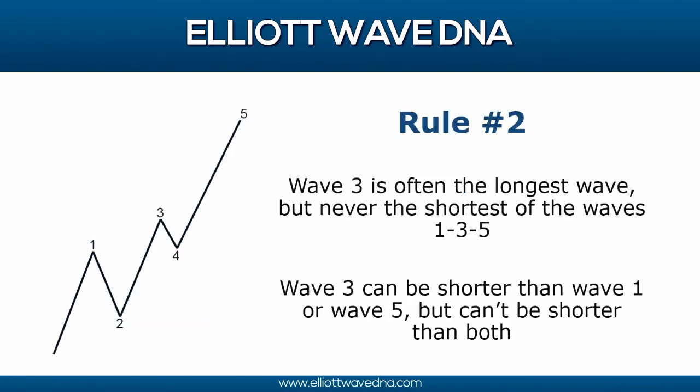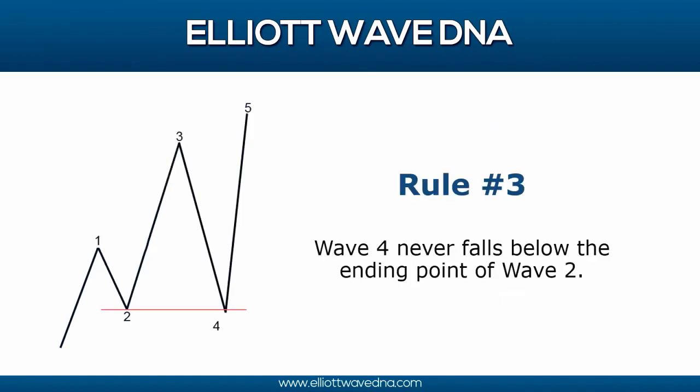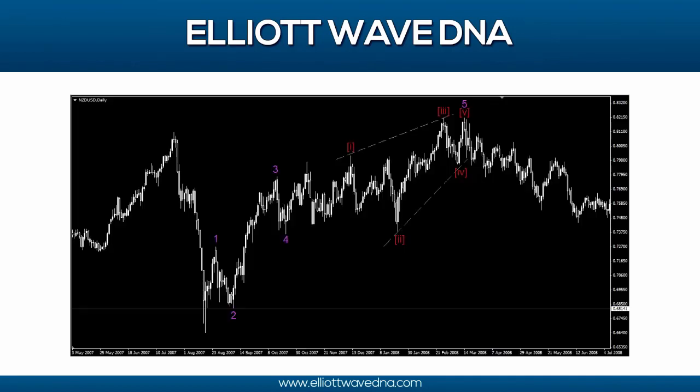Rule number 2: wave 3 is often the longest wave, but never the shortest of waves 1, 3, and 5. Wave 3 can be shorter than wave 1 or wave 5, but cannot be shorter than both. And the third rule is that wave 4 never falls below the ending point of wave 2, same as we had in the leading diagonals.